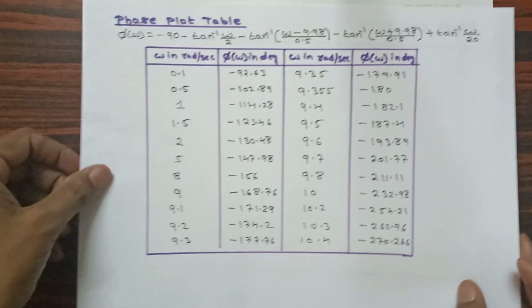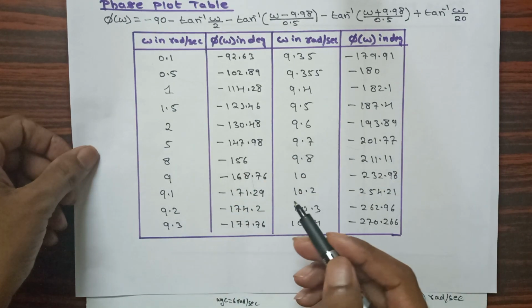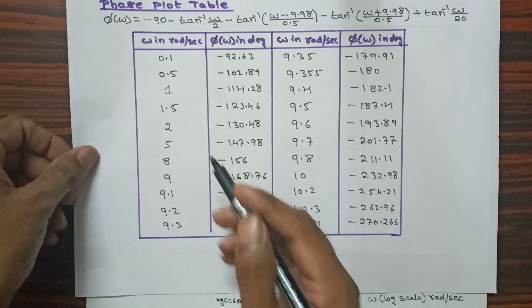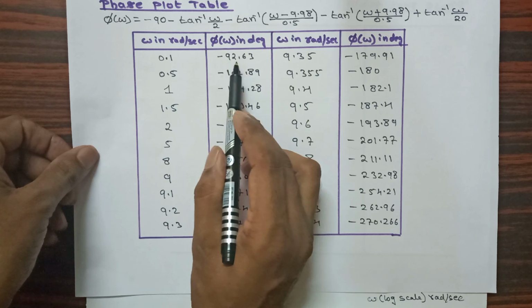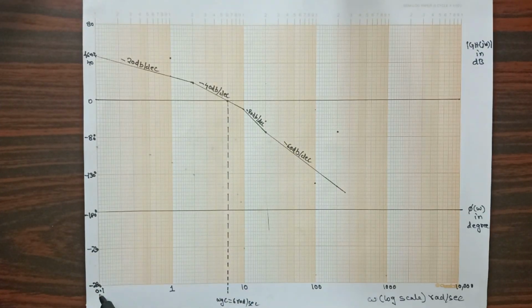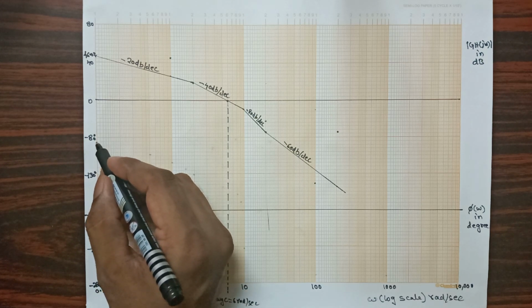For the phase plot we are going to consider this table. This table I have already discussed in the previous video, you can refer to that. Now here you can see that at omega is equivalent to 0.1 I am getting minus 92.63. So this value I am going to mark. Here it is minus 80, 85.